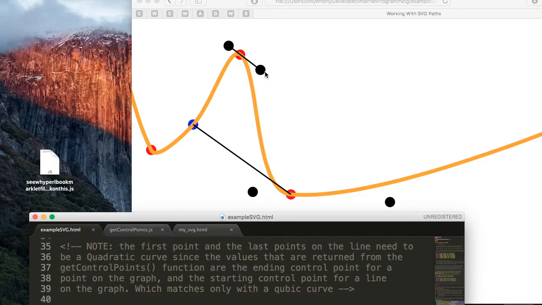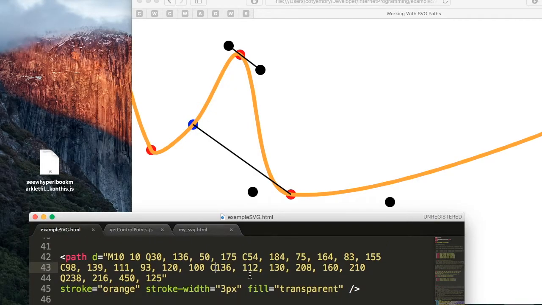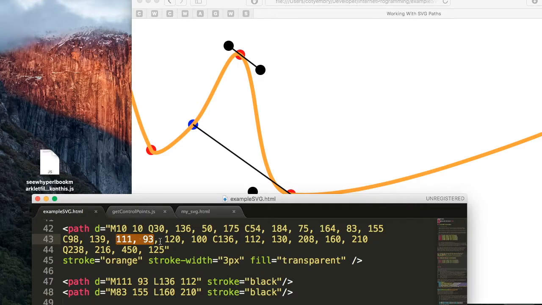Just make sure that you put these correctly, you know, on your paths. So like 83, what's it end at? My bad. Okay, so 111.93 would be the one right previous to this, because it's going to end at 120, 100 here. 111.93 is right here for this point. That's the second control point.